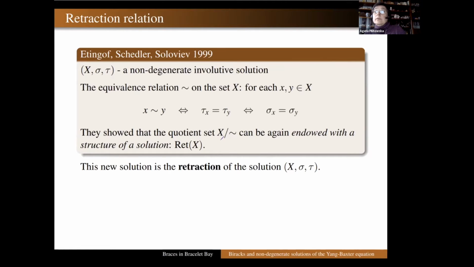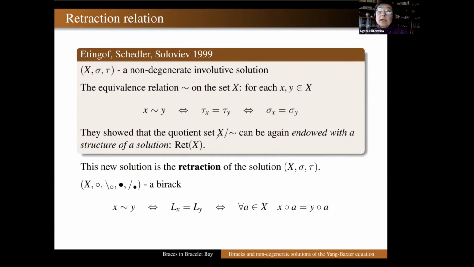They also showed that equivalently, this relation can be defined not by tau translations, but also by sigma translations. In the language of the corresponding Birack, this simply means that such a relation defined by left translations corresponding to the left quasi-group is a congruence of this algebraic structure.